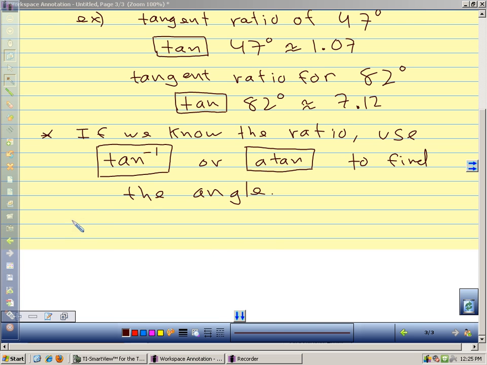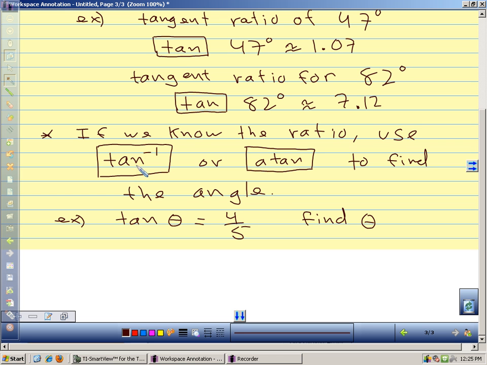So the problem on these might ask you something like, the tangent of my angle is 4/5. Find theta. So we want to find the angle. To find the angle, we use the inverse tangent button.